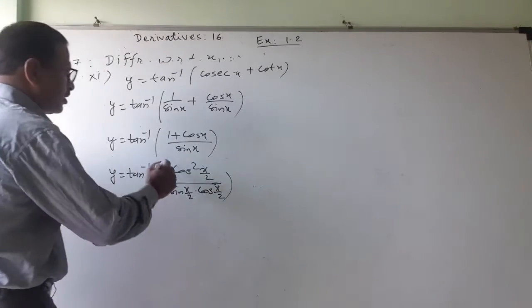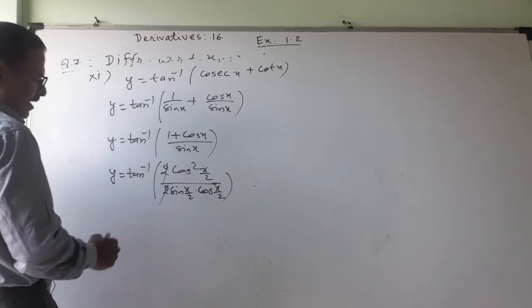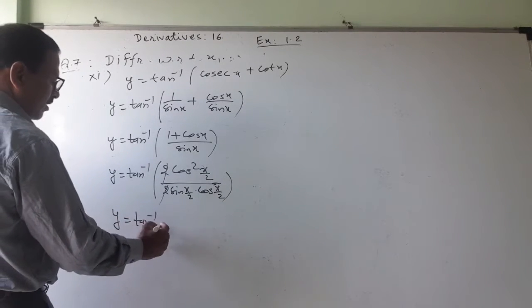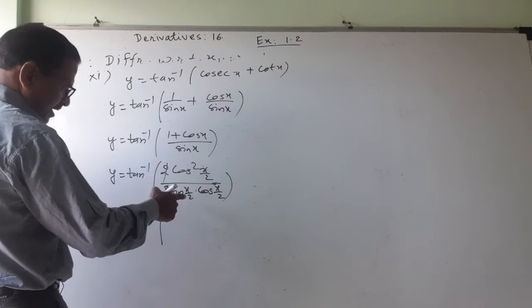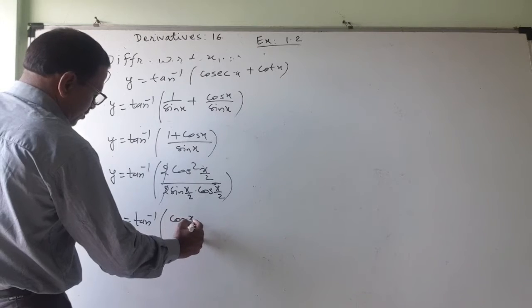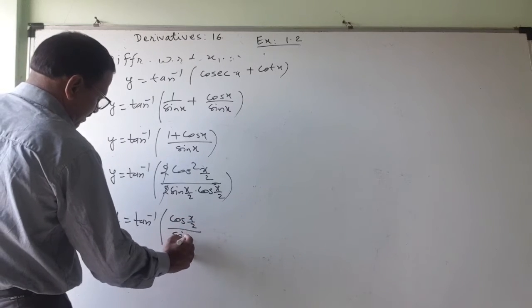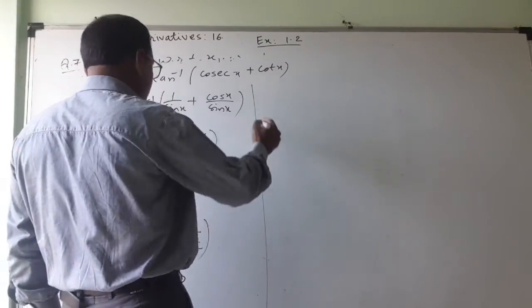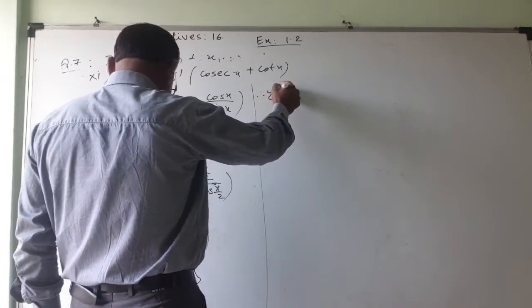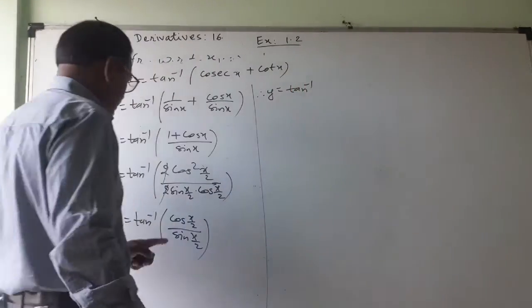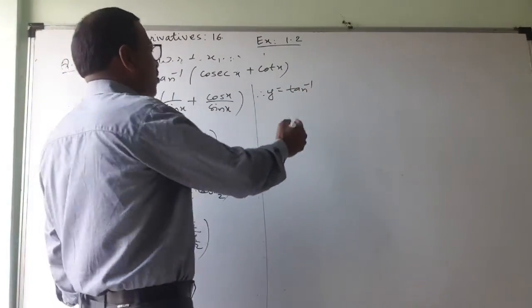See this, these two cut, one cos will get cancelled and y is equal to tan inverse of, what will remain? 1 cos and here 1 sine will remain. So cos of x by 2 upon sine of x by 2. Therefore, y is equal to tan inverse of, this is cos upon sine means cot.